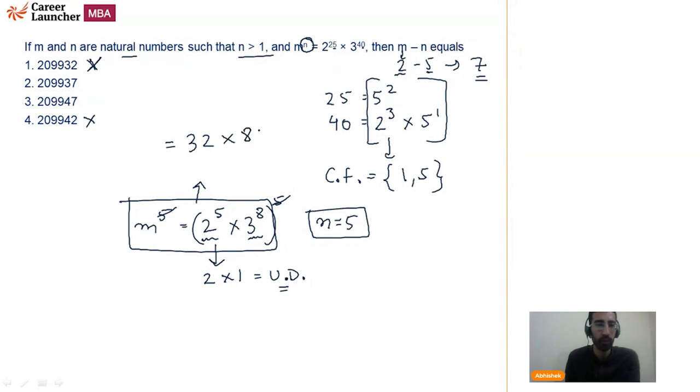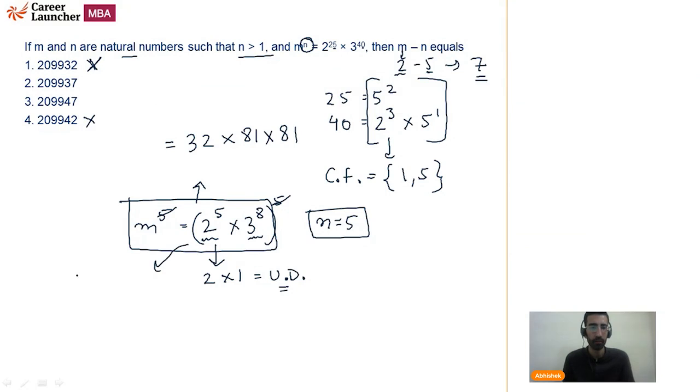2 to the power 5 is 32. 3 to the power 8 is 81 into 81. What I'm going to do here is cheat. I have a calculator. 32 into 3 to the power 4, which is 81, so it's 81 squared, multiplied by 32, gives me 209,952.